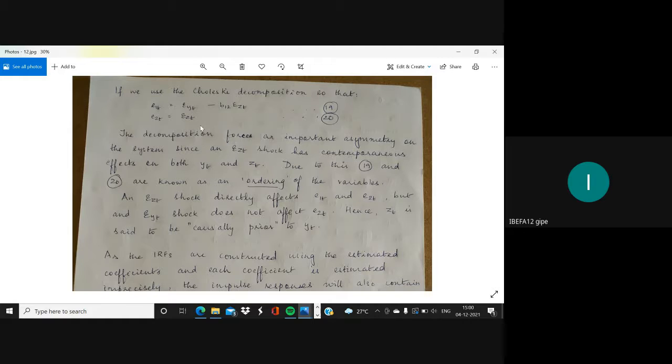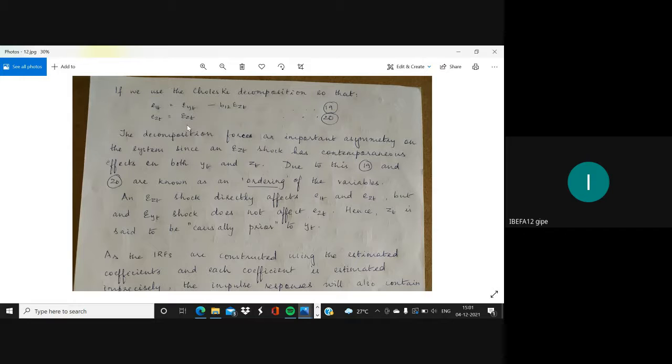Because of that, you will find that E1T, which is your regression residual, is made up of both the structural error terms. Whereas this second regression residual, E2T, is going to reflect only the pure structural shocks, or whatever is happening to the structural error term directly.